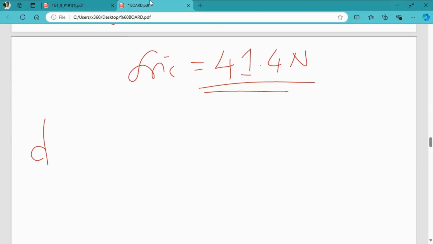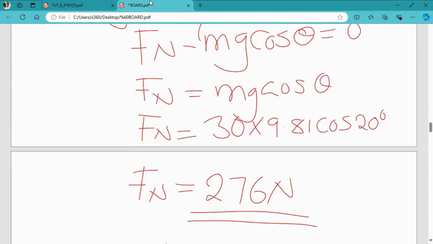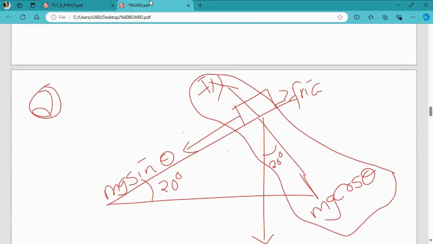Question D is saying we should calculate the net force and the acceleration. So which net force are they talking about? The net force that is going to cause this acceleration is actually the summation of forces in this axis, the axis in which the acceleration is taking place. And if you look at this axis, we actually have two forces.